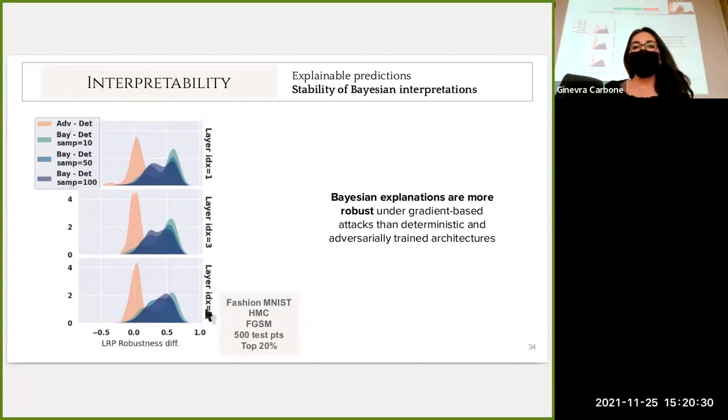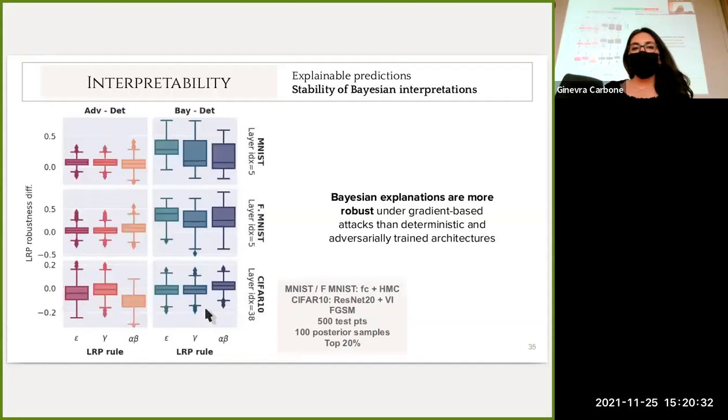So let me just show you another plot, which is basically saying the same thing, but for different rules that are used to compute the LRP. So here we have the epsilon rule, gamma rule, alpha beta rule, and so on. The first column is the difference between adversarial and deterministic LRP robustness, and the second one, Bayesian and deterministic ones.